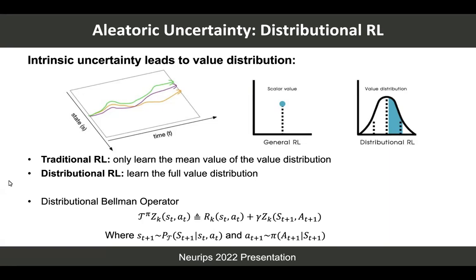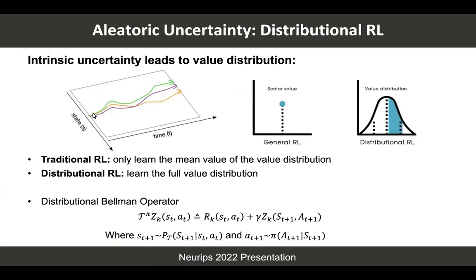When the environment is highly stochastic, it naturally leads to a value distribution of the return for the agent.